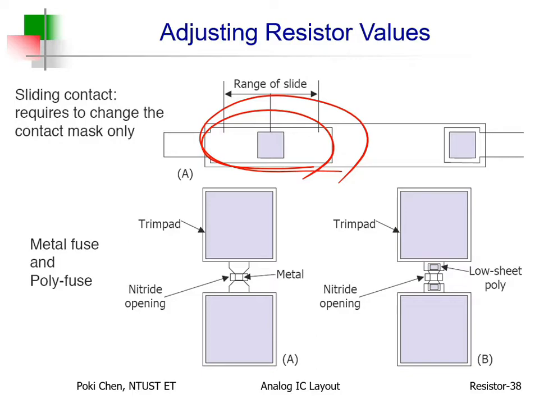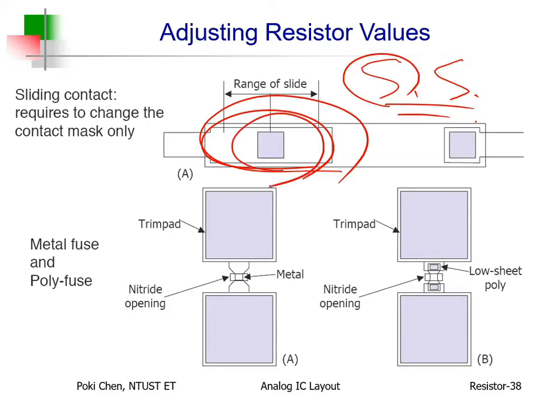Our circuit is called a solid state circuit. That is for IC, right? Solid means it's just like the stone, the rock. It is solid. It is really hard. So there is no way for you to move the contact after fabrication.